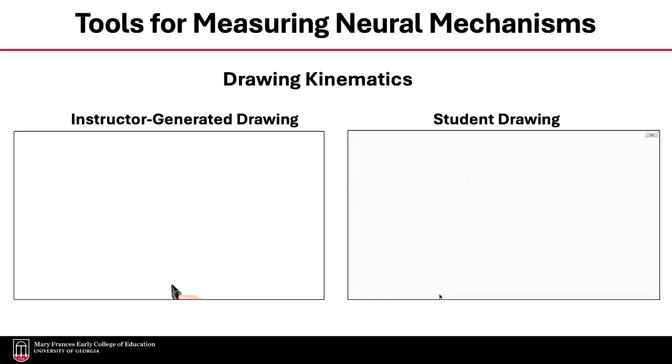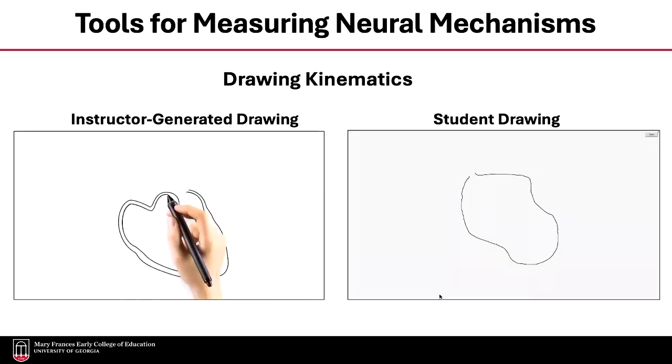Another approach that we have thought about focuses on drawing kinematics. So we can think about this from a motor control and action perspective, and really measure the spatial and temporal properties of the drawing itself. Again, here's an example from the same study, in which they're either watching a static or instructor-generated drawing.